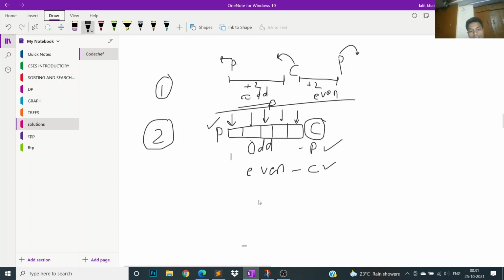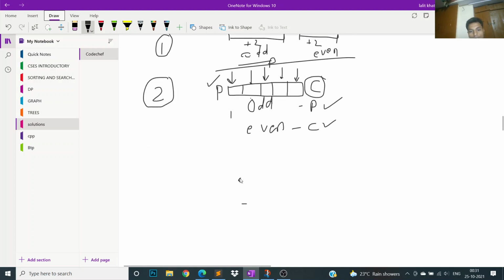So you can see that, like, here is a policeman and here is chef. If it is odd, if chef will come here, police will come here, or chef will also come here, then at that point chef will make a move, but police can't.